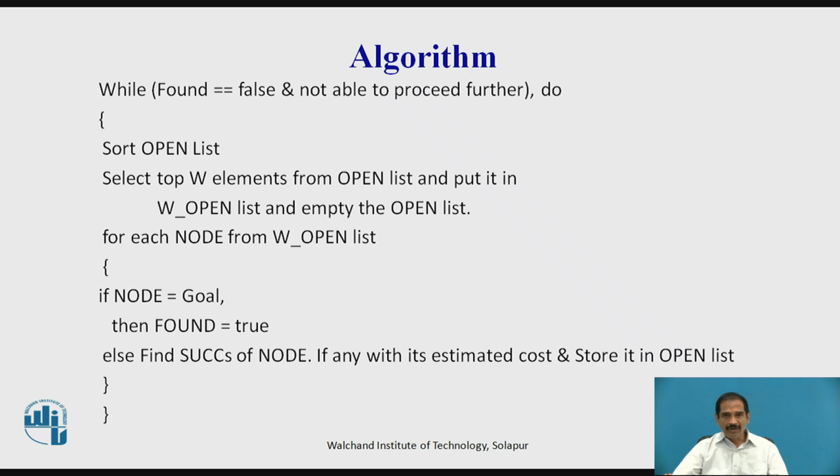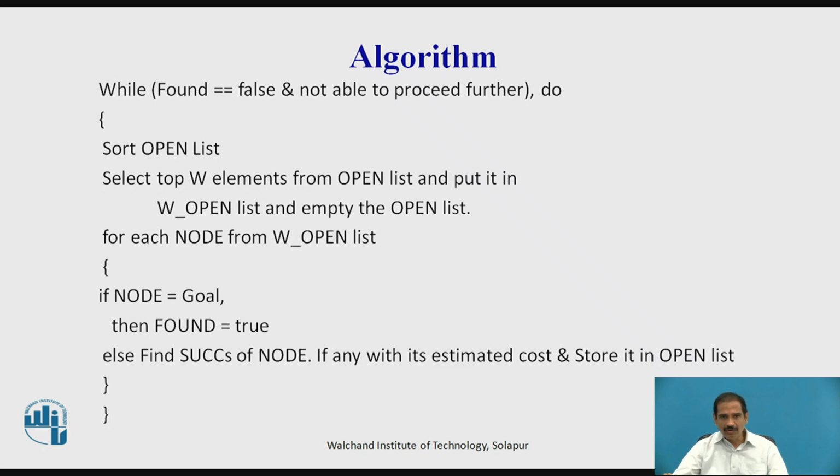While found is false and we are able to proceed further, we sort this open list, select the W elements, which is the width of your particular beam, from the open list, put them in the W open list, and empty the open list.